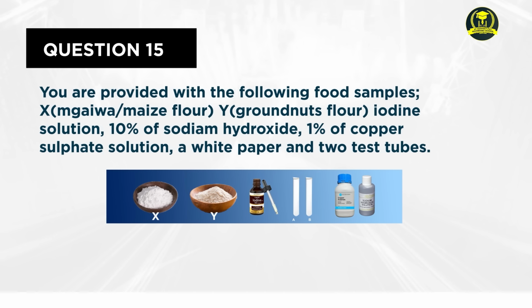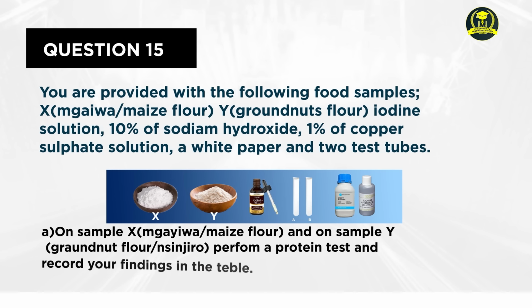Question A. On sample X, which is maize flour, and on sample Y, which is groundnut flour, perform a protein test and record your findings in the table.